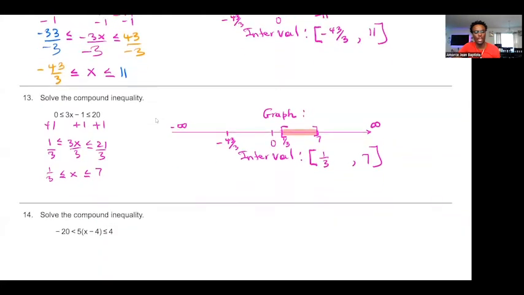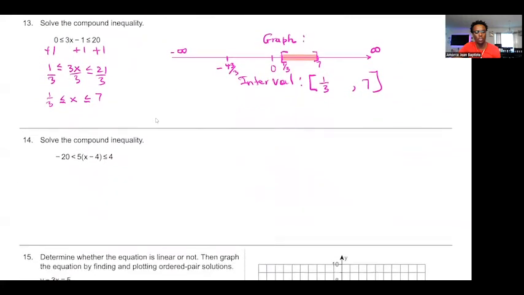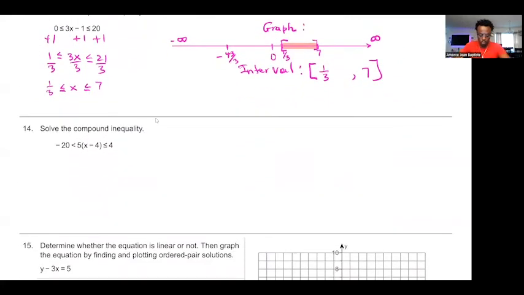So that's a graph for this problem. And this compound inequality, what do you do here? I do want to solve it too, because you never know. You're gonna say, oh, you didn't do this one. Well, so let's distribute that. That's negative 20 less than 5x minus 20 less than or equal to 4.